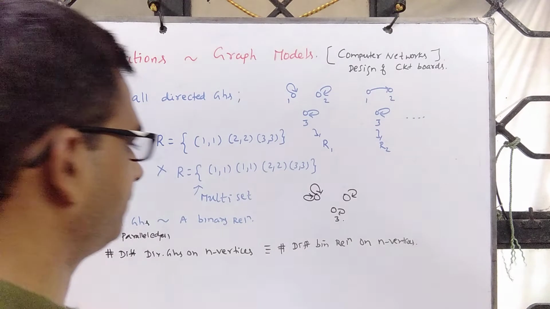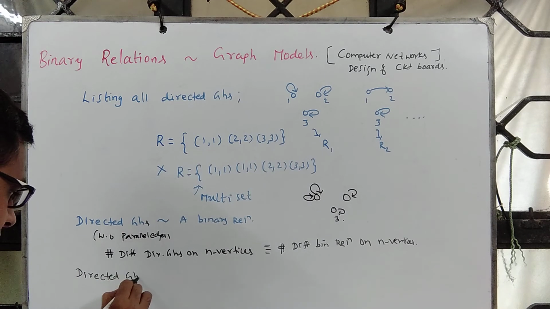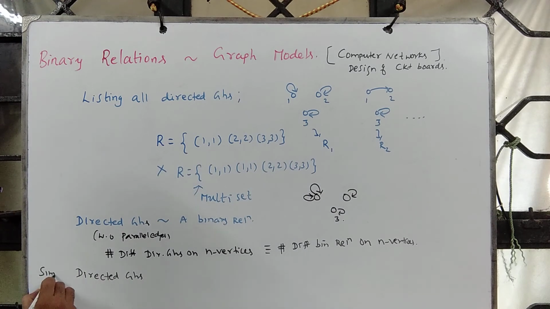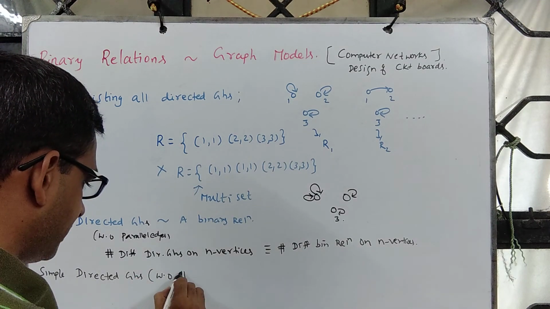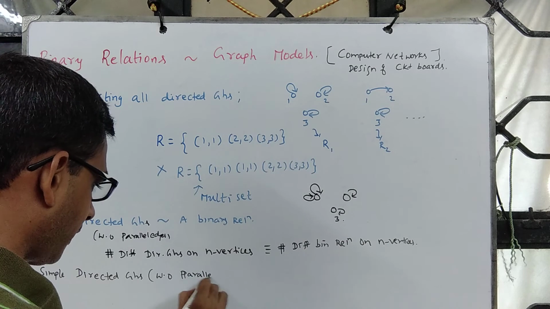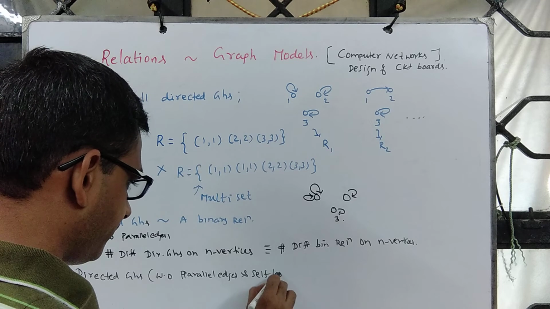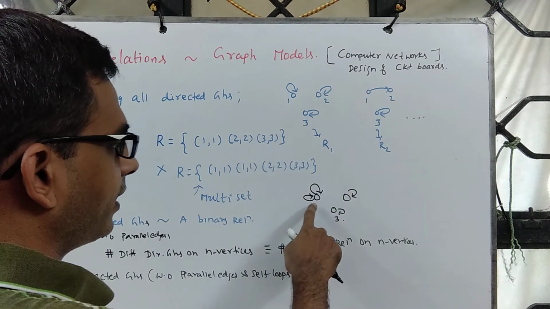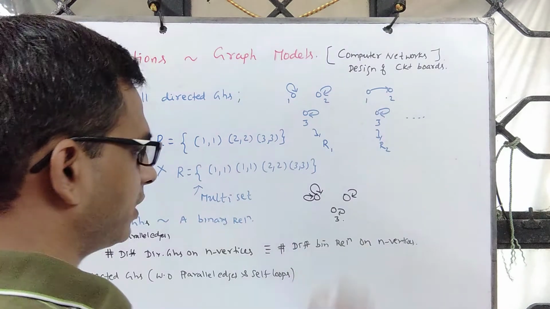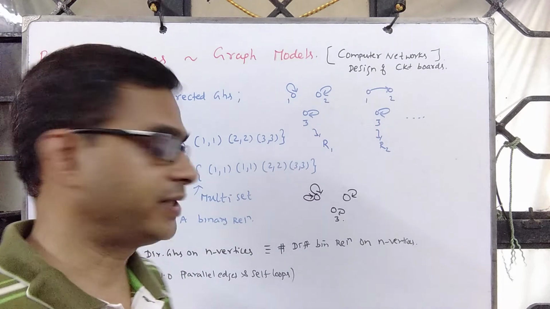This we have already counted. Suppose we are interested in counting simple directed graphs, meaning without parallel edges and self loops. Which means if you look at any element, a self loop is not allowed. So (1, 1) is not allowed, (2, 2) is not allowed, (3, 3) is not allowed.